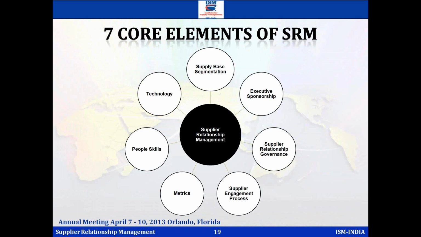Then we'll try to say, okay, executive sponsorship. Those who are very critical suppliers to me, those dealing with my bottleneck items, I'll try to get executive sponsorship. I mean, there is support from the top management as well. Then the relationship will be governed for critical items and bottleneck items. Then we'll have a supplier engagement process.